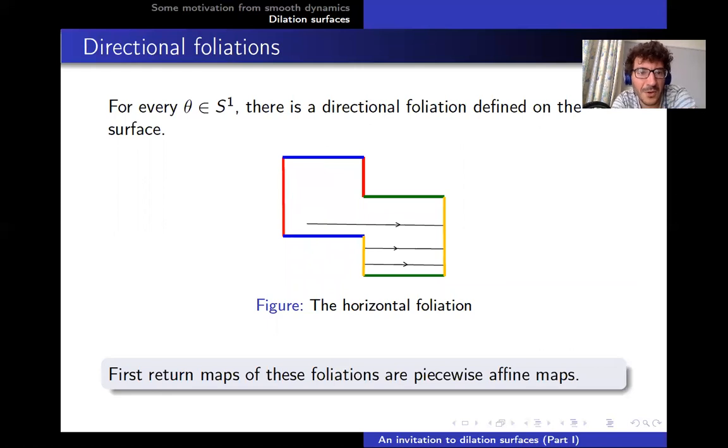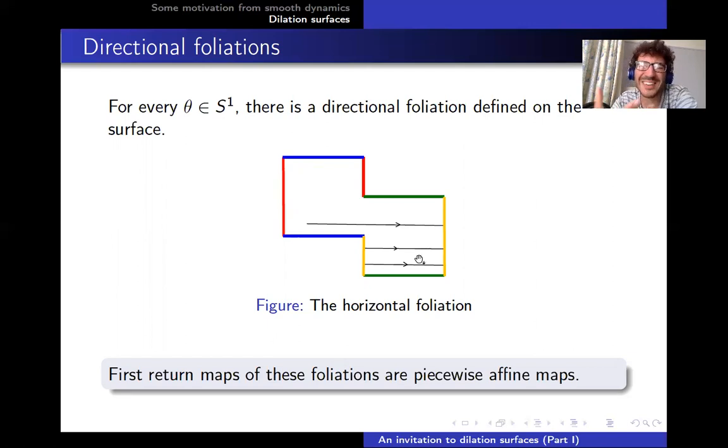Okay, so what's nice about those dilation surfaces is that they inherit from the complex plane a natural foliated structure, a family of directional foliations. You have a foliation for each angle theta. So this is the horizontal foliation that I've drawn on this example.